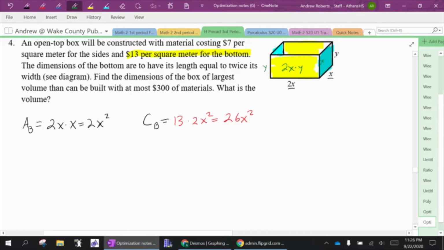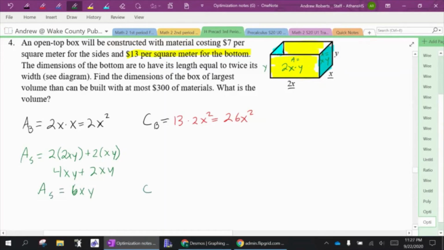This is going to be xy for that area. And so the area for my sides is going to be 2 times 2xy plus 2 times xy, which gives me 4xy plus 2xy, which is 6xy. So there is my area of my sides.